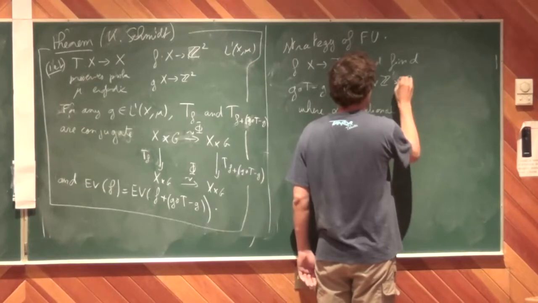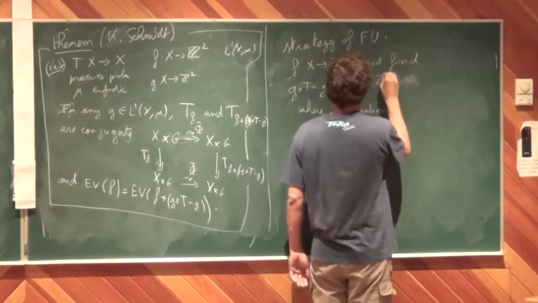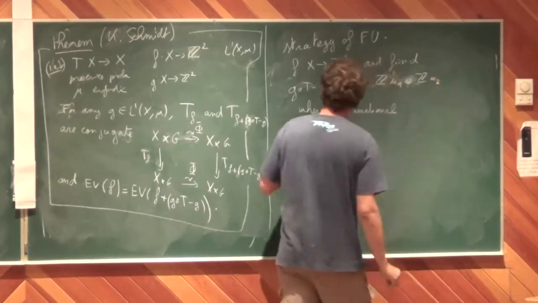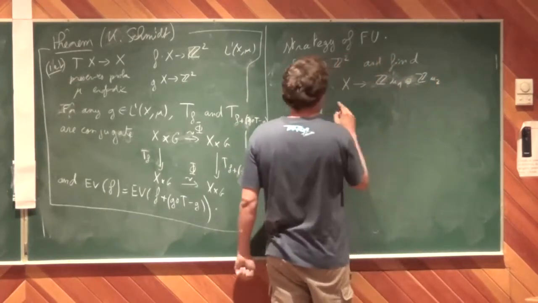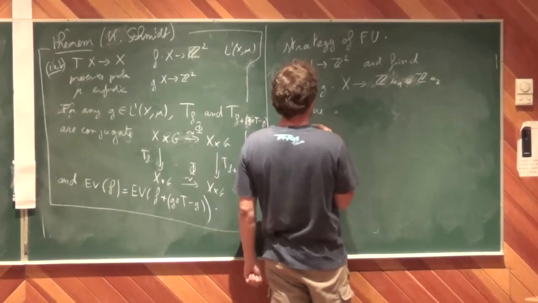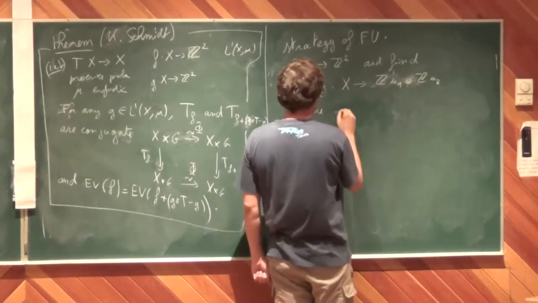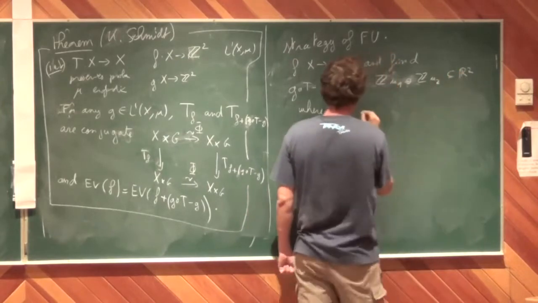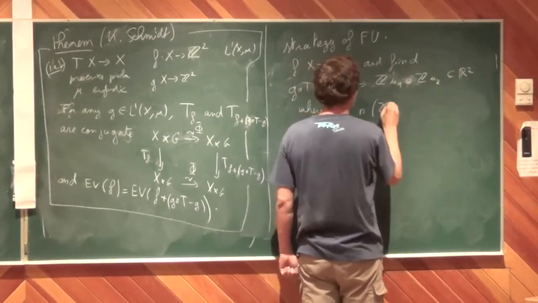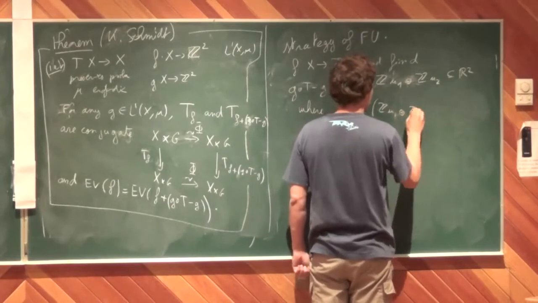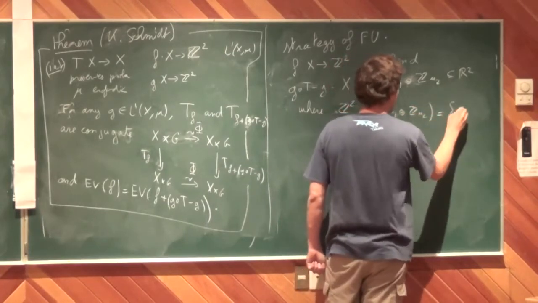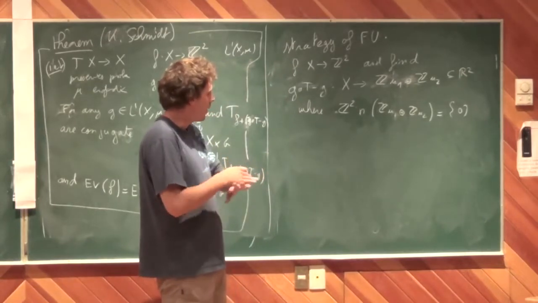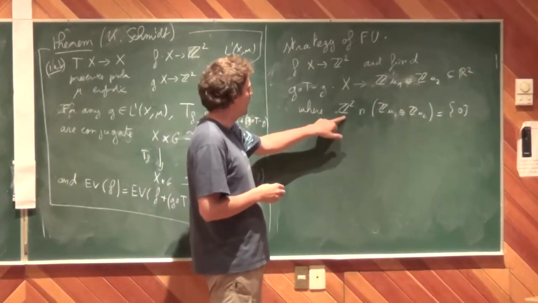Let's say Zu1 plus Zu2, so this is another lattice, embedded in R2, and where Z2 intersected with Zu1 plus Zu2 is just reduced to 0. So you have another lattice, but which is completely irrational with respect to the first one.